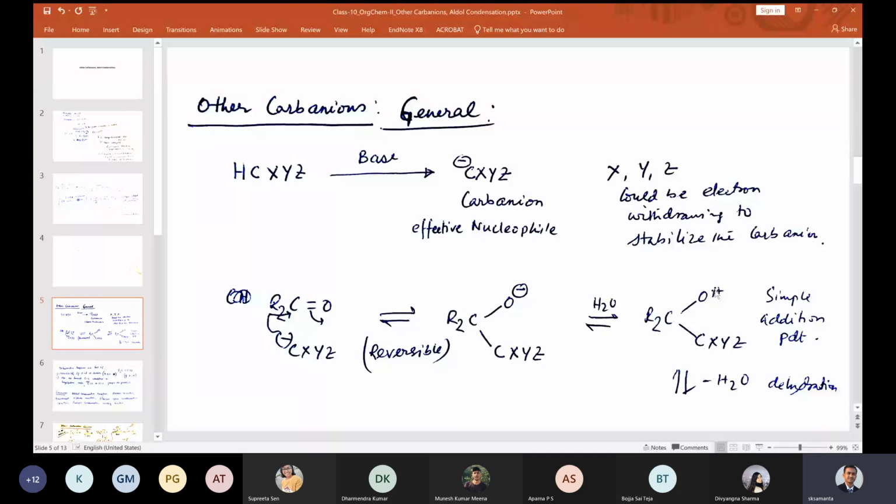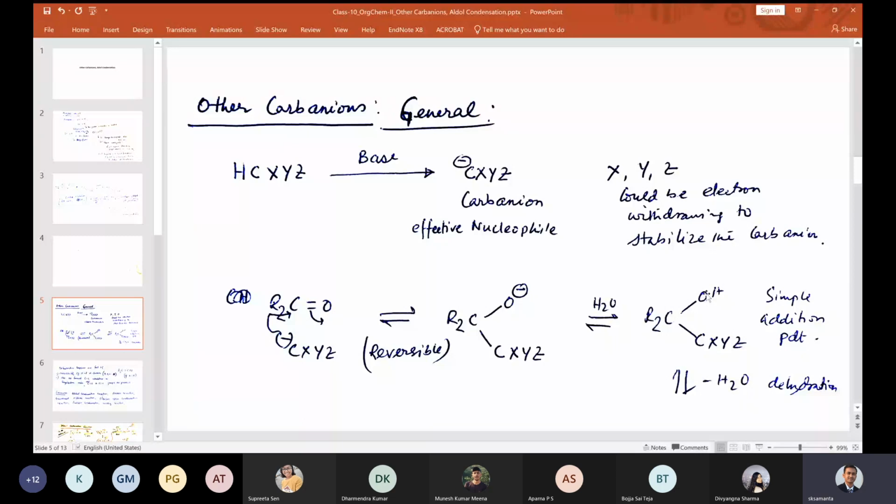Now generally you would end up with this product, but if the conditions favor it, and if any of these XYZ is hydrogen, then you have the possibility of elimination of a water molecule by a dehydration reaction.